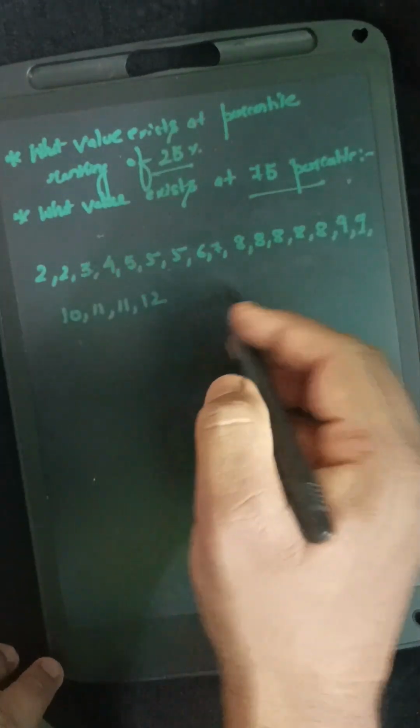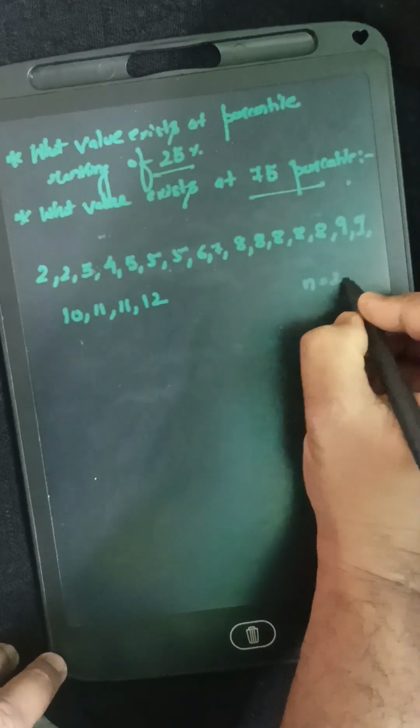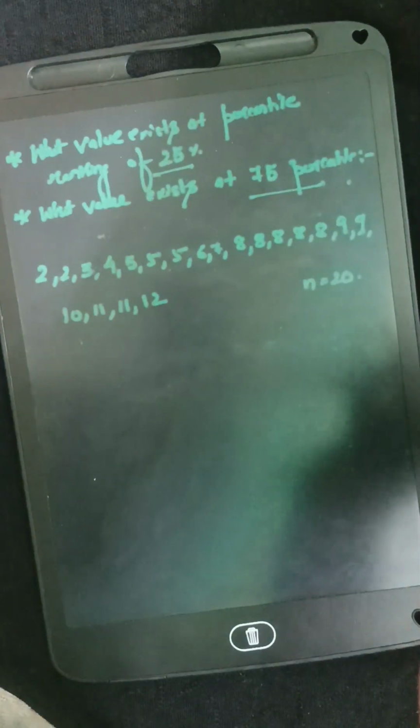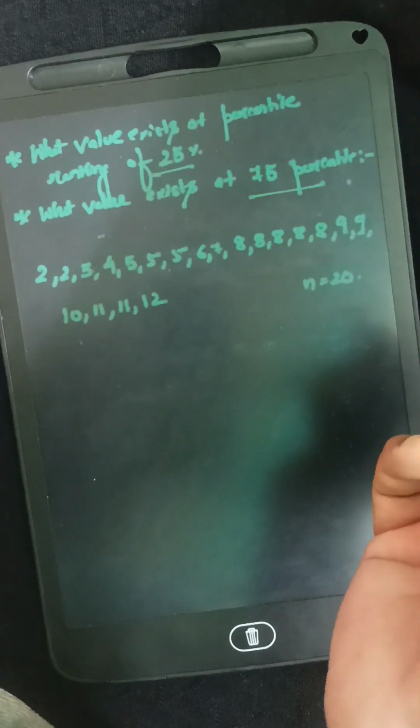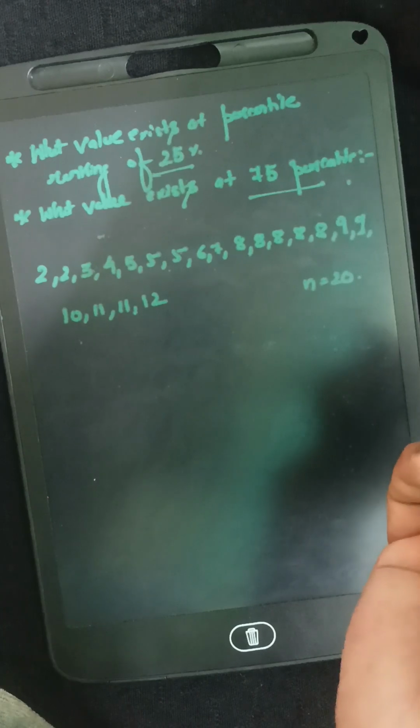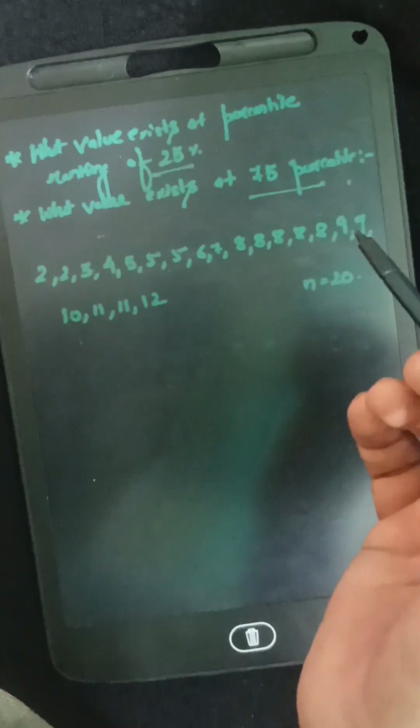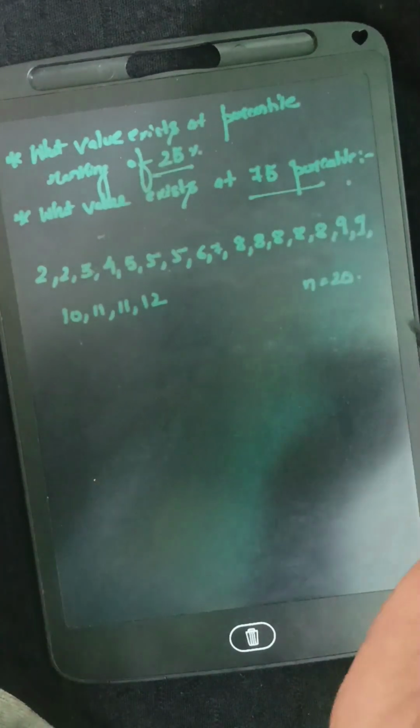So on counting, n is equal to 20, and we are supposed to find out the 25th percentile and 75th percentile.